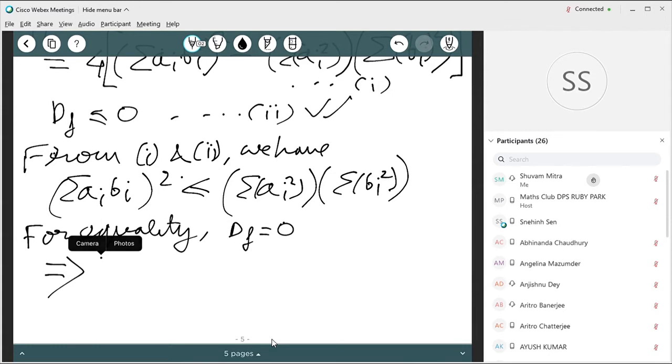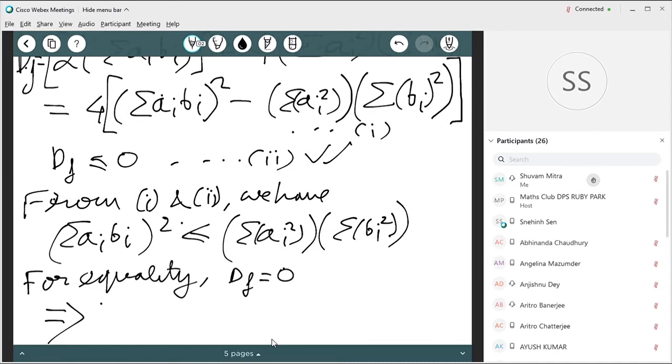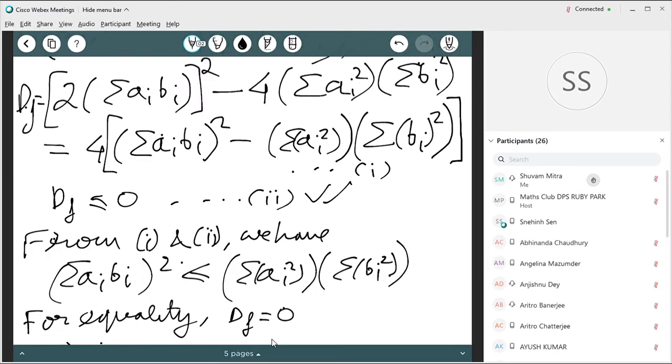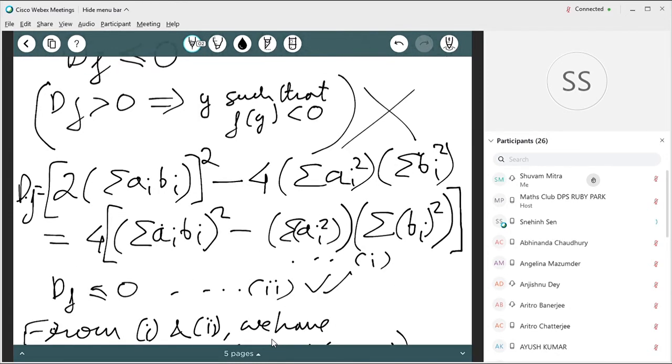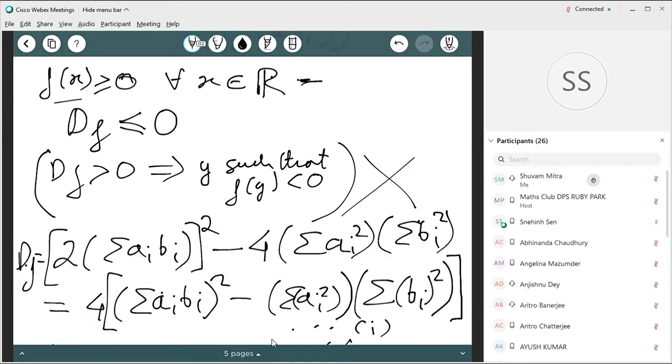There is a real solution of our f. This f over here has a unique real solution in that case. So there is a unique c such that f(c) is equal to 0.